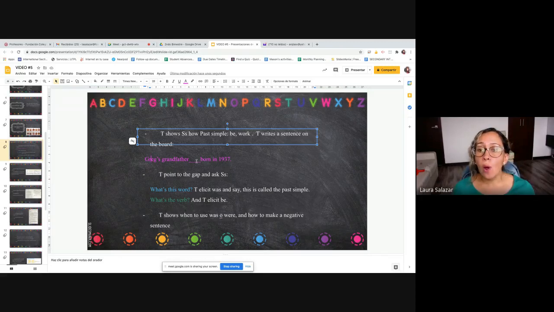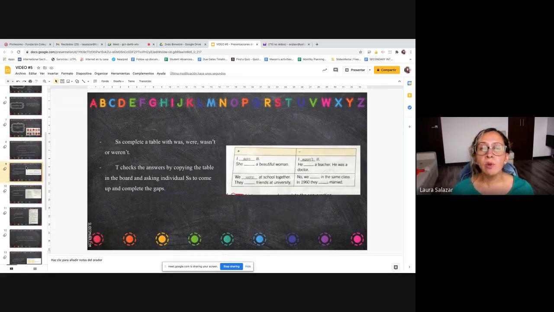The teacher elicits was and says this is called the past simple. What's the verb? The teacher elicits be. The teacher shows when to use was or were and how to make a negative sentence.